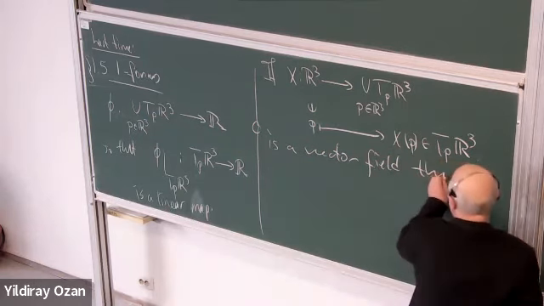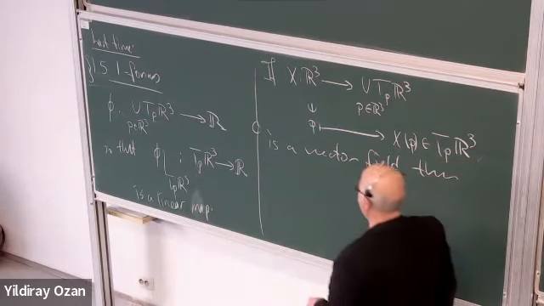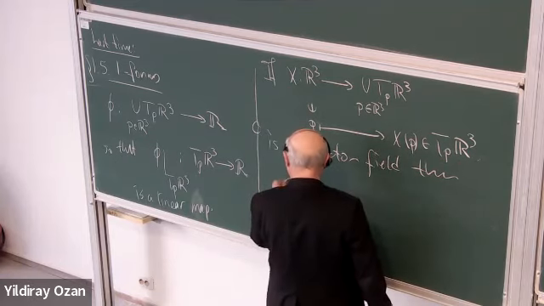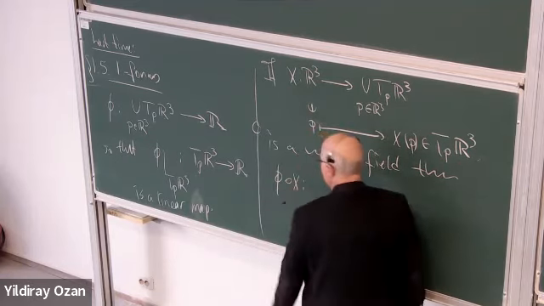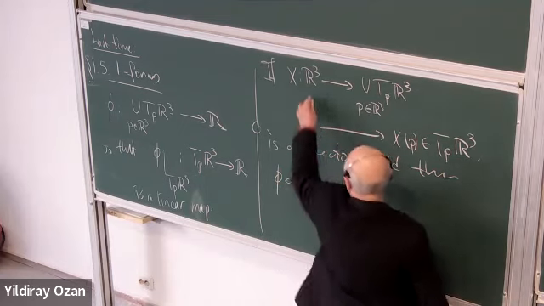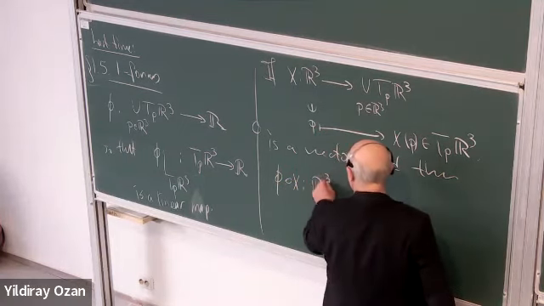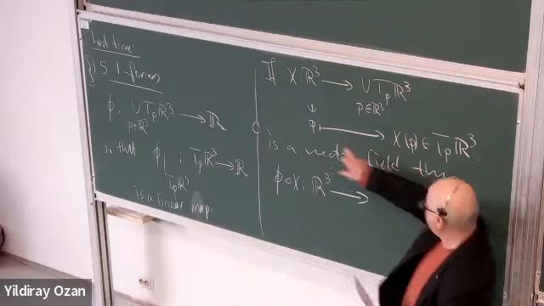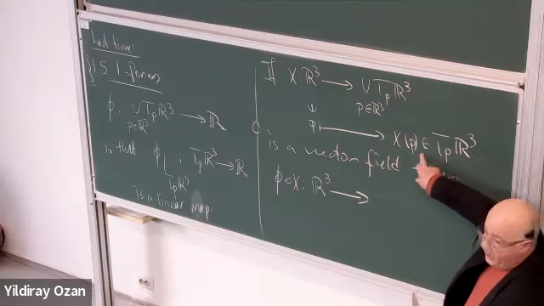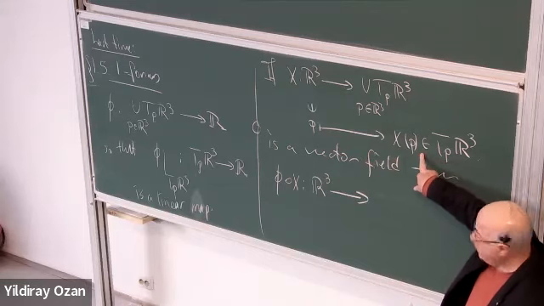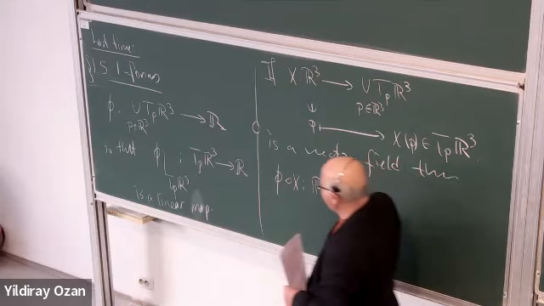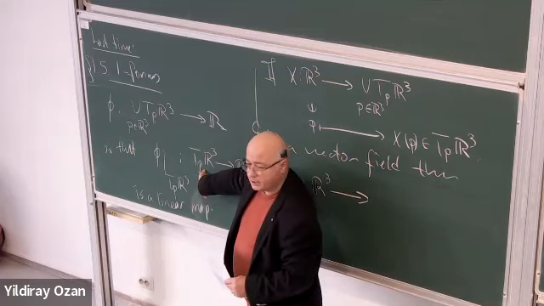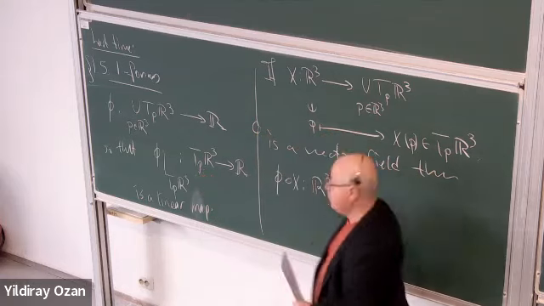Then what is the composition? If you first go with X and then with phi, so you start from R3. For each point, you obtain a vector at the point P, but this guy takes that vector in R3 at that point and gives you a real number.